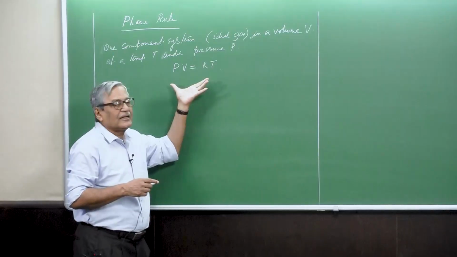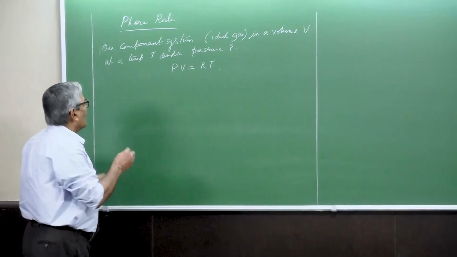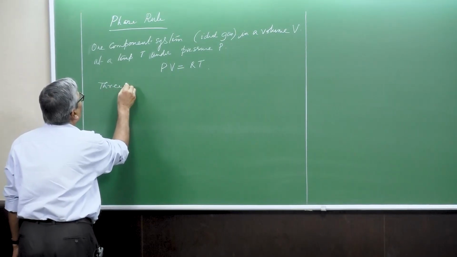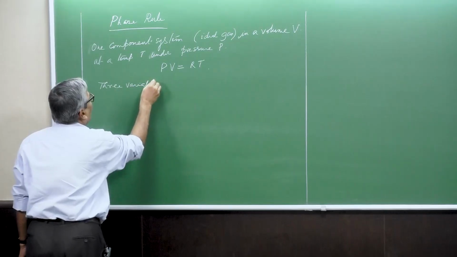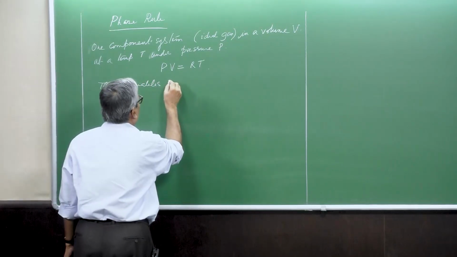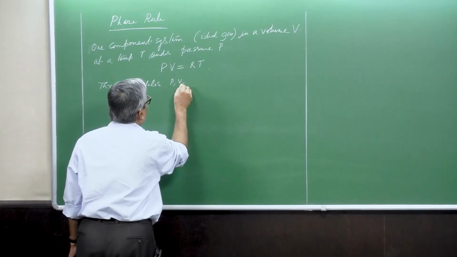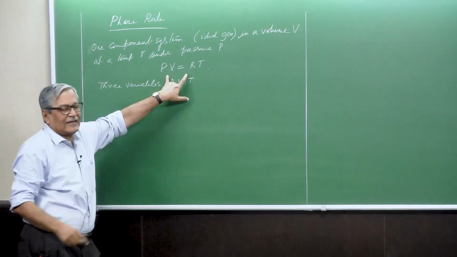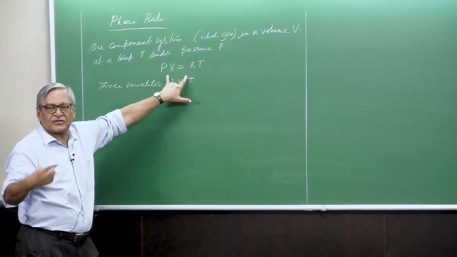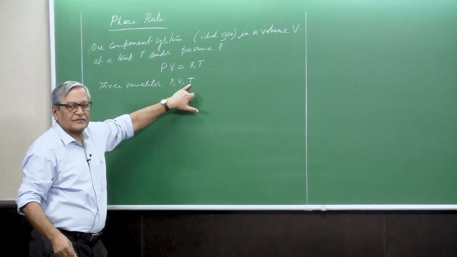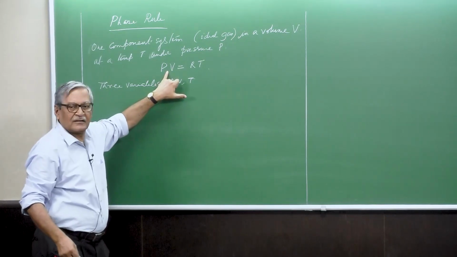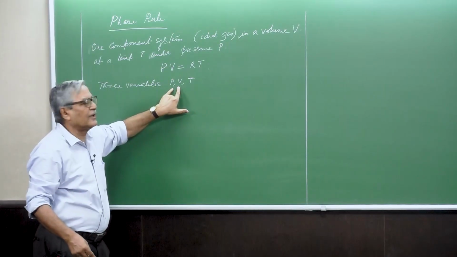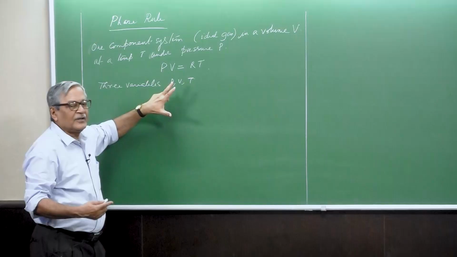State means in terms of an equation of state. So I have three variables, pressure, volume, temperature, but this equation acts as a condition or a constraint over these things. If I know this equation, then under this constraint I have only 2 free variables.